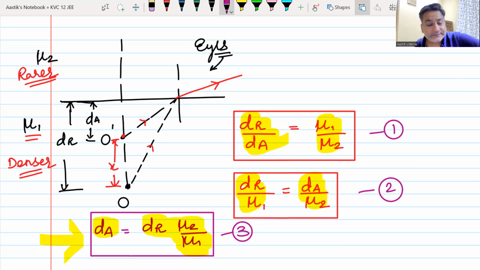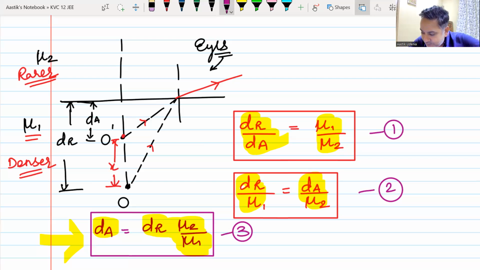Do we understand this? So I can write it like this: d real into 1 minus mu 2 by mu 1. Yes or no? Or I can write it in this form: dr into 1 minus 1 by mu relative. What is this mu relative?